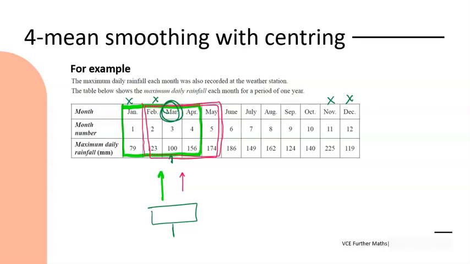So initially, to find my first group of 4, January to April, I'm doing 79 plus 123 plus 100 plus 156, dividing that by 4, and I get a value there of 114.5. I will then do something similar for my second group of 4.